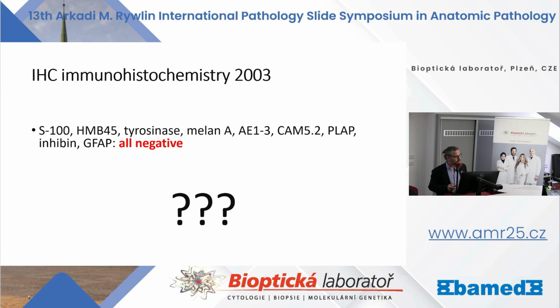And immunohistochemistry performed days back showed a completely negative pattern, so nothing was positive. So they didn't have a chance to make any other diagnosis. Maybe I will put some differential diagnostic options: metastatic sarcoma, dedifferentiated carcinoma, melanoma.